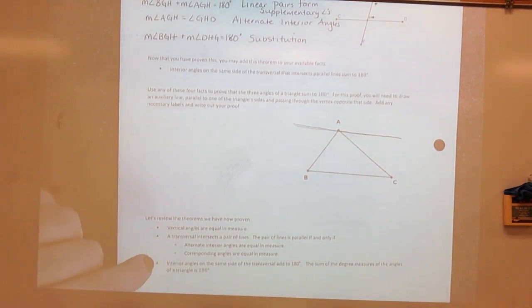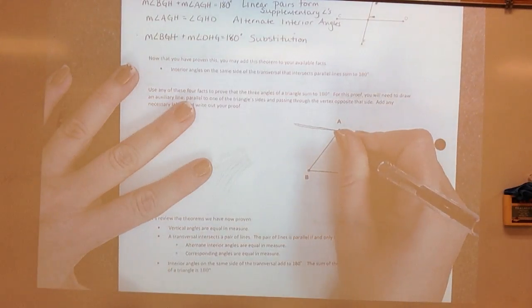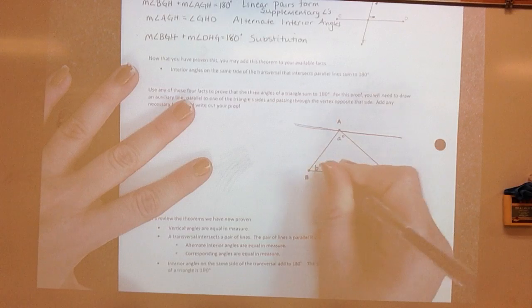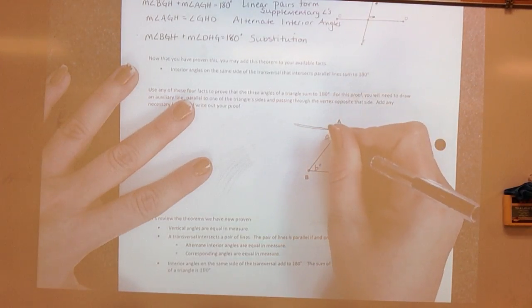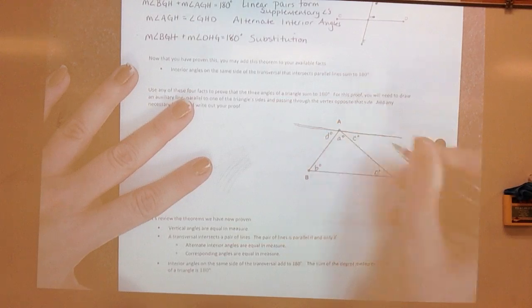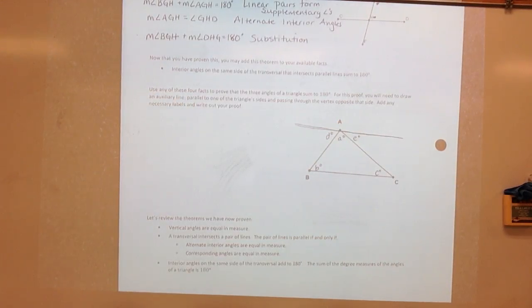And I'm going to label my angles. So I'm going to label this A degrees, B degrees, C degrees, and then we'll do D degrees here and E degrees here.